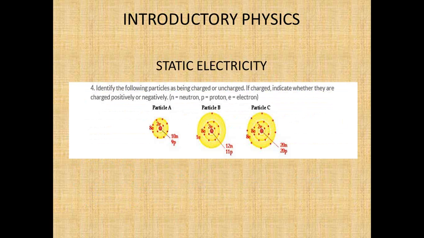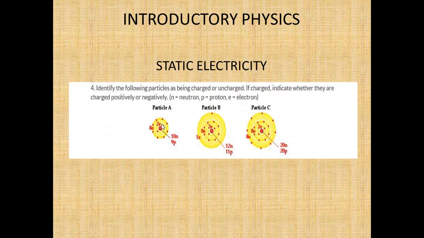In the nucleus, you have protons, so you have 9 protons and 10 neutrons in the nucleus. In the electron shells around the nucleus, we have a total of 8 electrons.